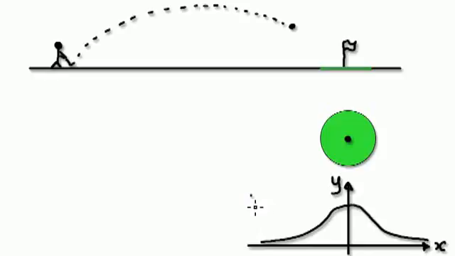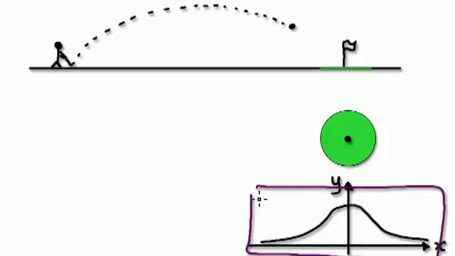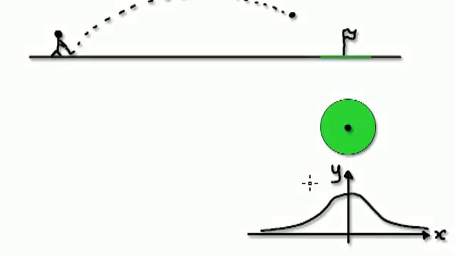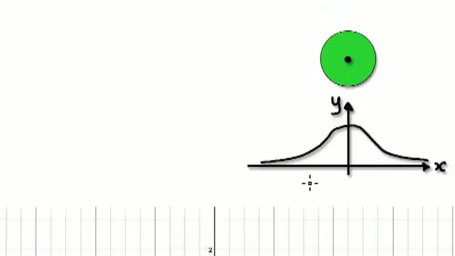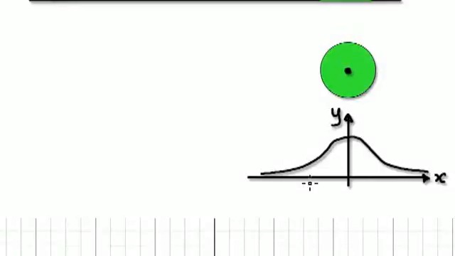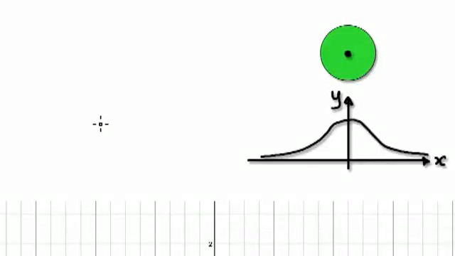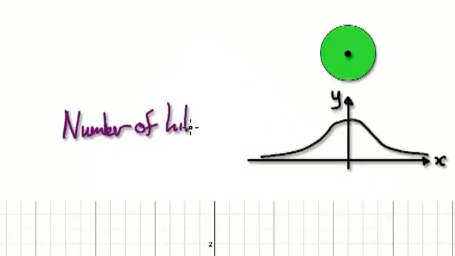Well, the point is that we're going to use this bell-shaped curve here to model probability. We would use this equation here: number of hits, e, equals c e to the power of minus x squared.